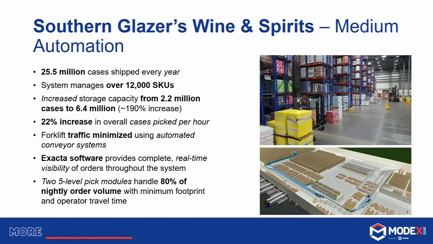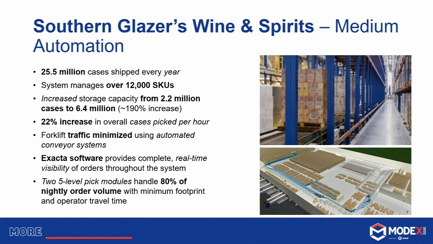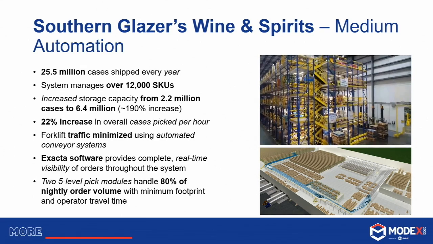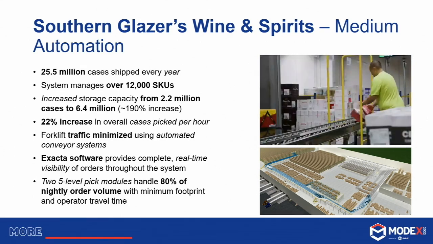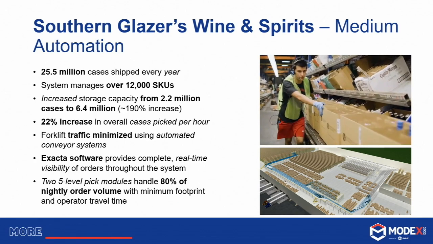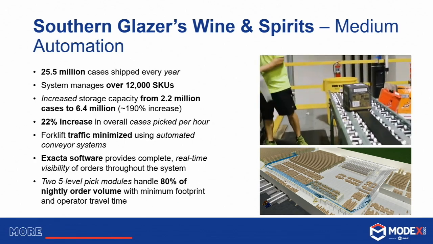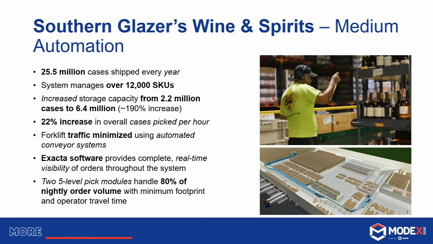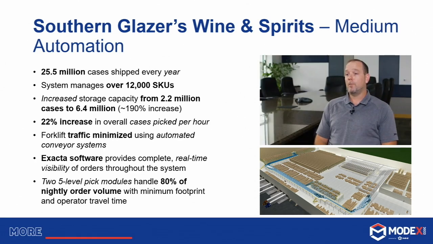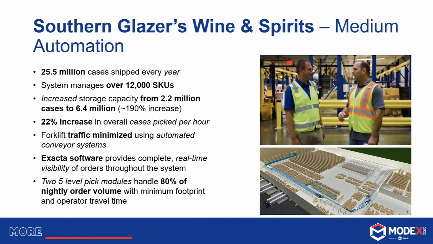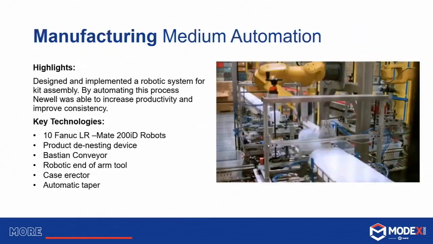So the first order on the truck is the last delivery they're going to make for the day. And so we are very accurately picking the right products in the right sequences, building stacks in the truck so they can make those deliveries and be as efficient as possible when they're at that bar or restaurant. So we use our Exacta WCS and WES to control that type of system and that type of automation.